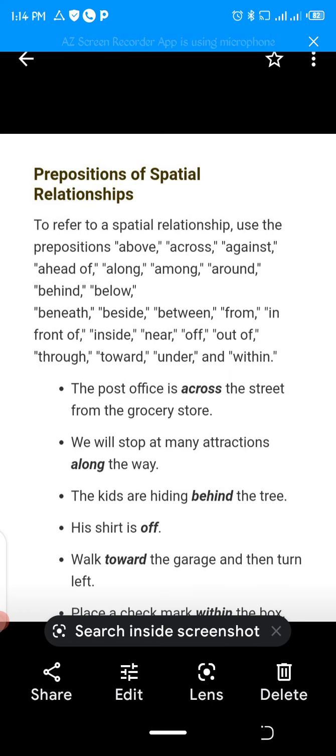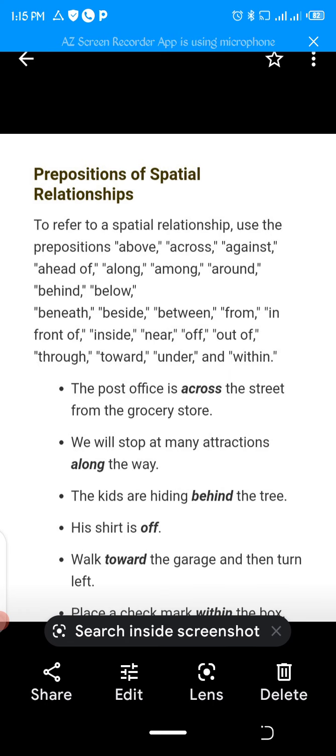Also, we will stop at many attractions along the way. Along is a preposition. The kids are hiding behind the tree. Behind is also an example of a preposition of spatial relationship.